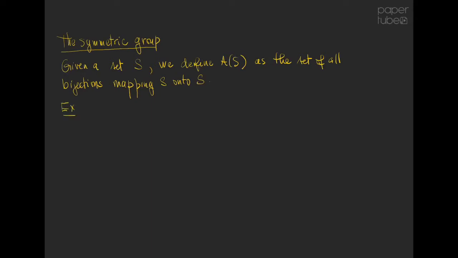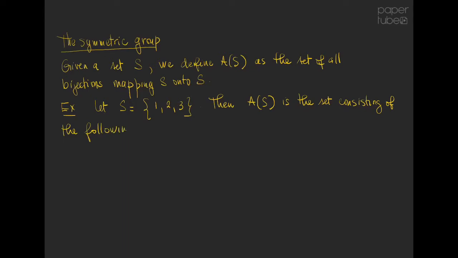So for instance, let S be the set containing the elements 1, 2, and 3. Then A(S) is the set consisting of the following 6 elements.